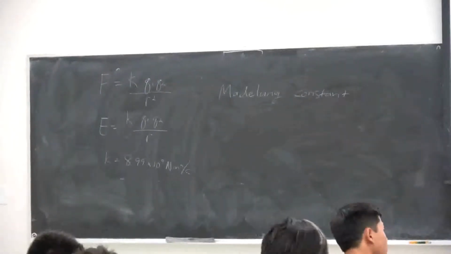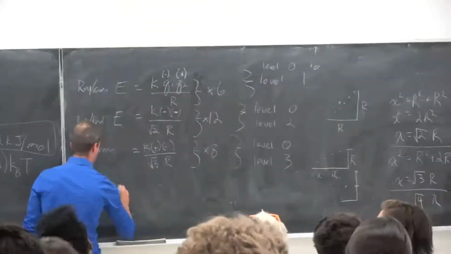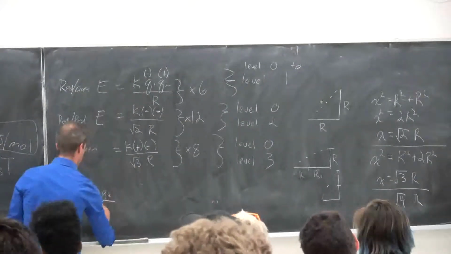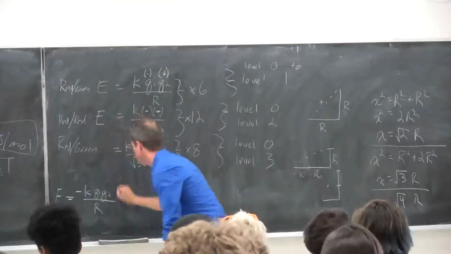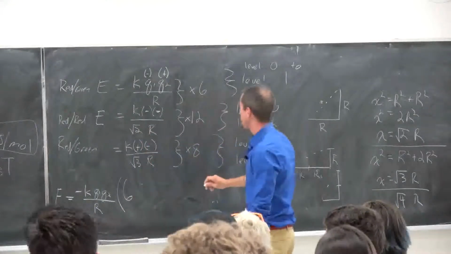Because then what, of course, you can do is start to call that negative Q1, Q2 over R times 6.